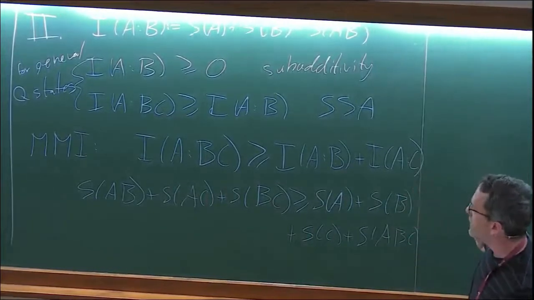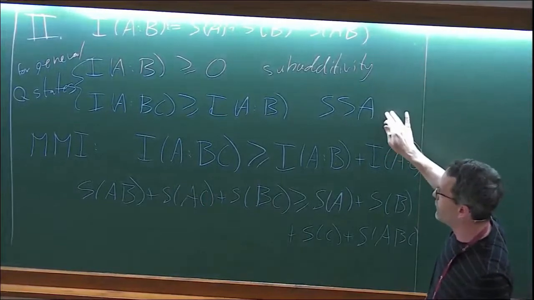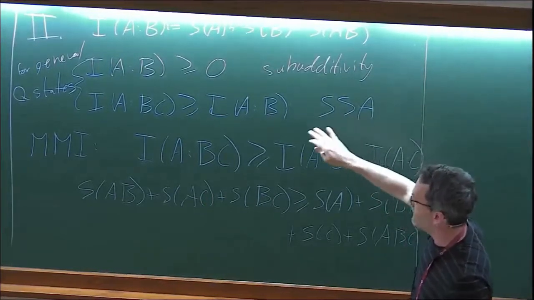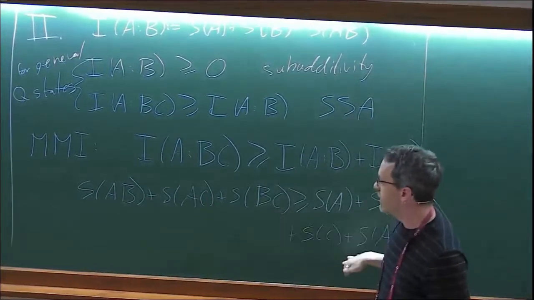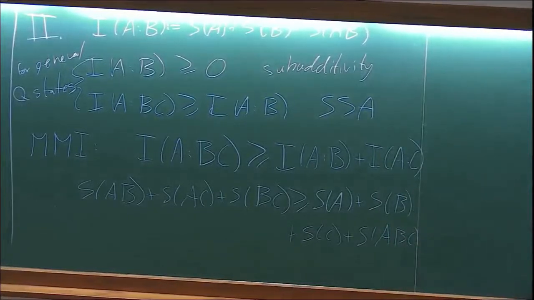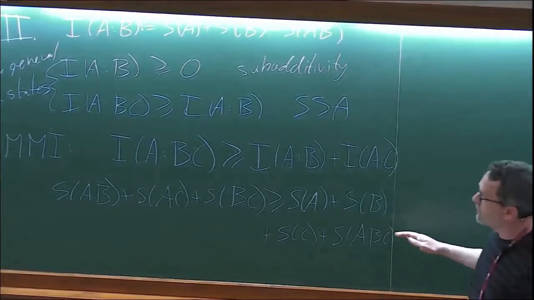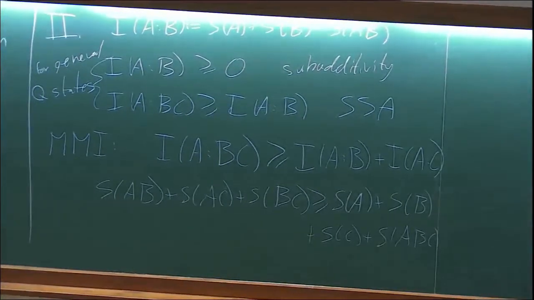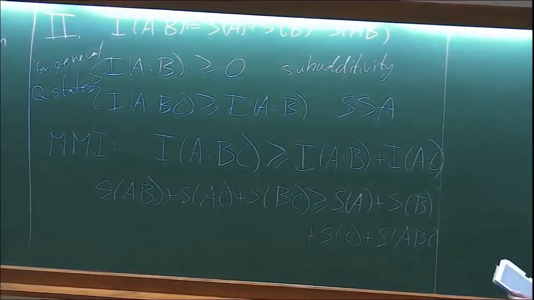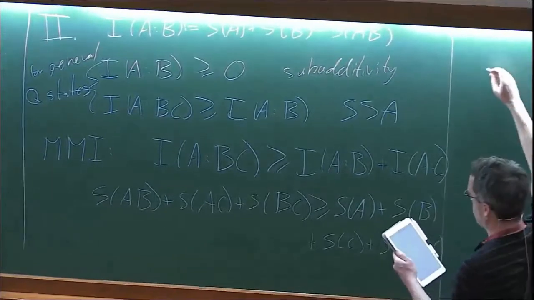If you've seen the proof of SSA based on Ryu Takayanagi, it's the same thing, just more complicated, and it gives essentially no insight into why this thing is true or what it means. As I said, it doesn't hold in general quantum states, and I'll give you an example in a second, but let me first do something to help us understand it.